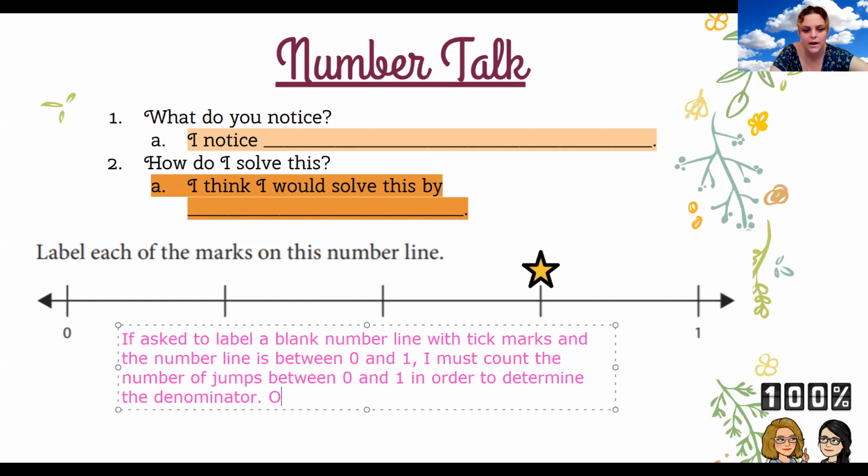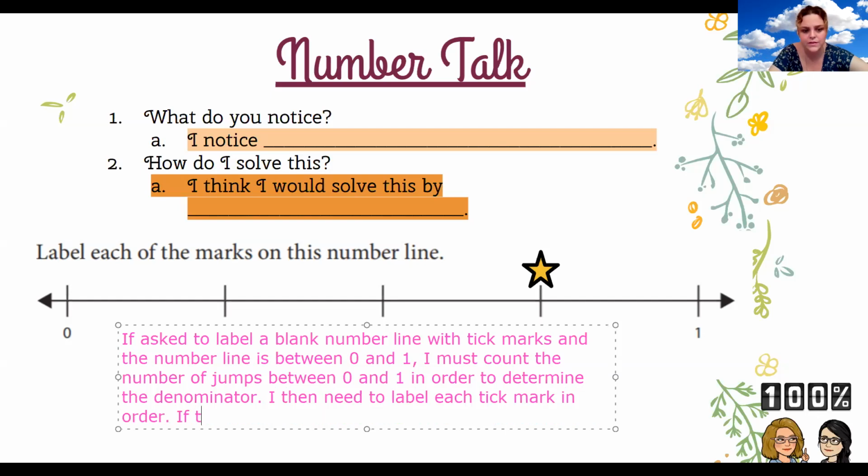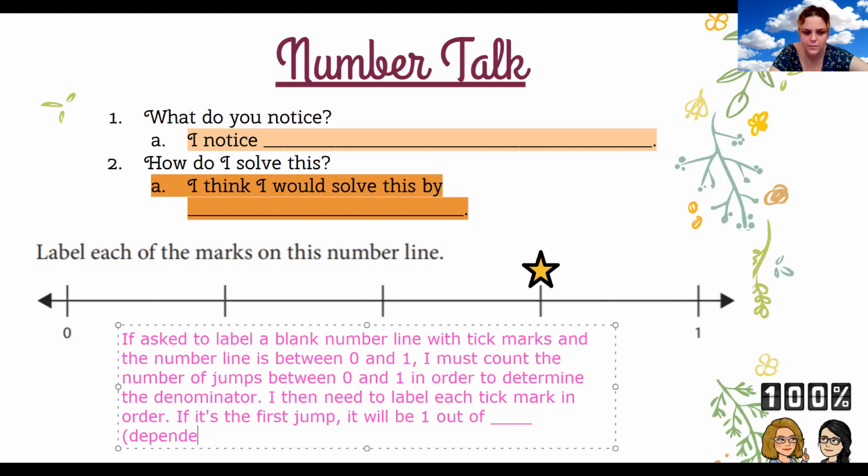I then need to label each tick mark in order. If it's the first jump, it will be 1 out of, depending on the denominator you determined or found earlier.